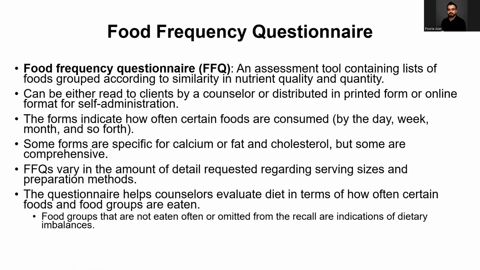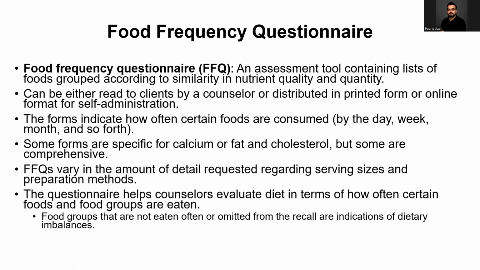Food frequency questionnaires vary in the amount of detail requested. So there are different forms, different types of food frequency questionnaire. Some of them are short, some of them are long. Some of them are specific, some of them are comprehensive, and the methods of administration are also different.